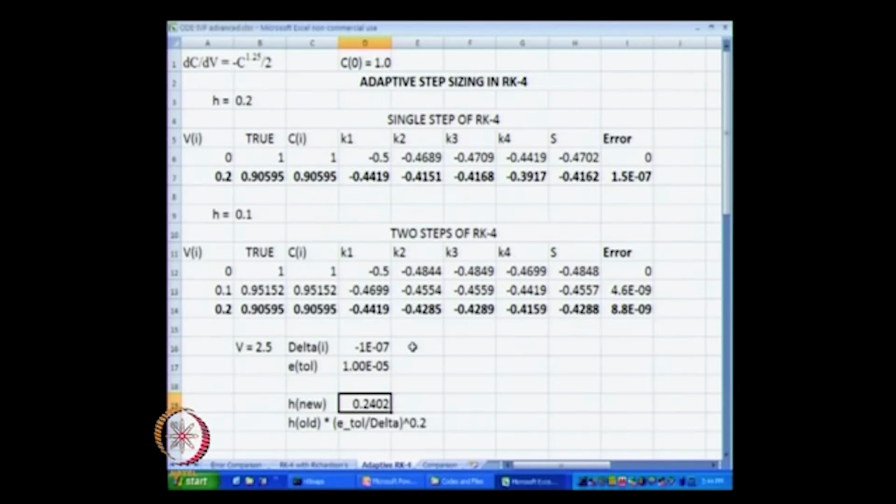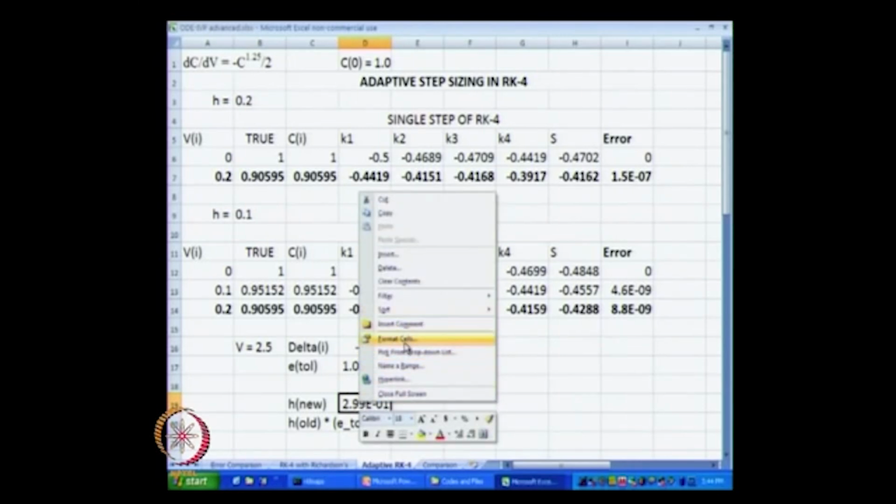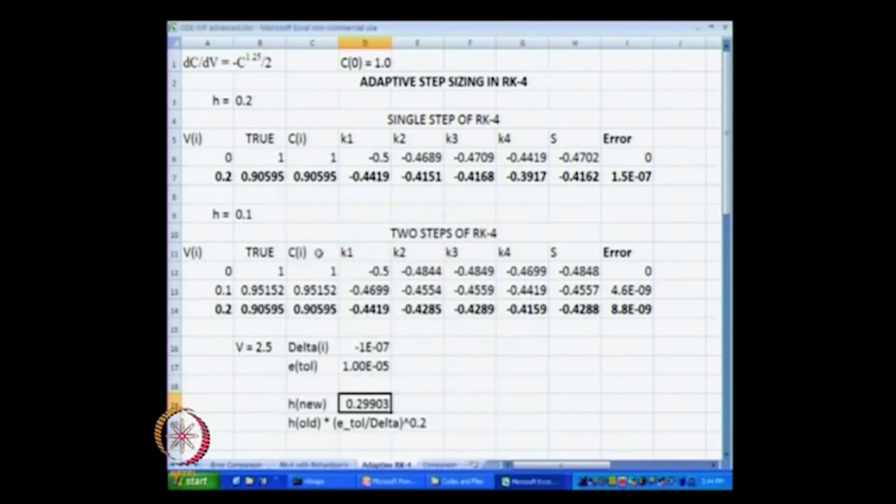If we look at some of the more theoretical results from the Numerical Recipes textbook, they will recommend that when you are increasing the step size, we increase it in a more conservative way. So when we are increasing the step size, it is going to be h to the power 1 by 4, and when we are decreasing the step size, it is going to be h to the power 1 by 5.